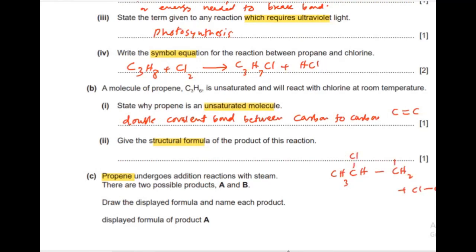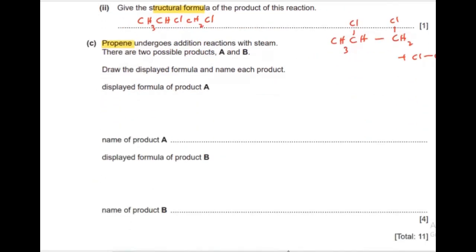So you will get a structure like CH3, CHCl, and again CH2Cl.